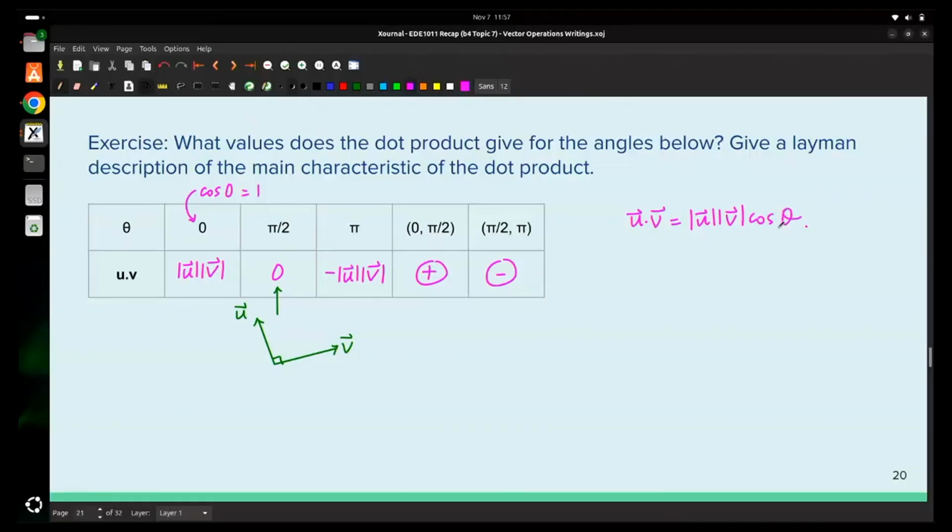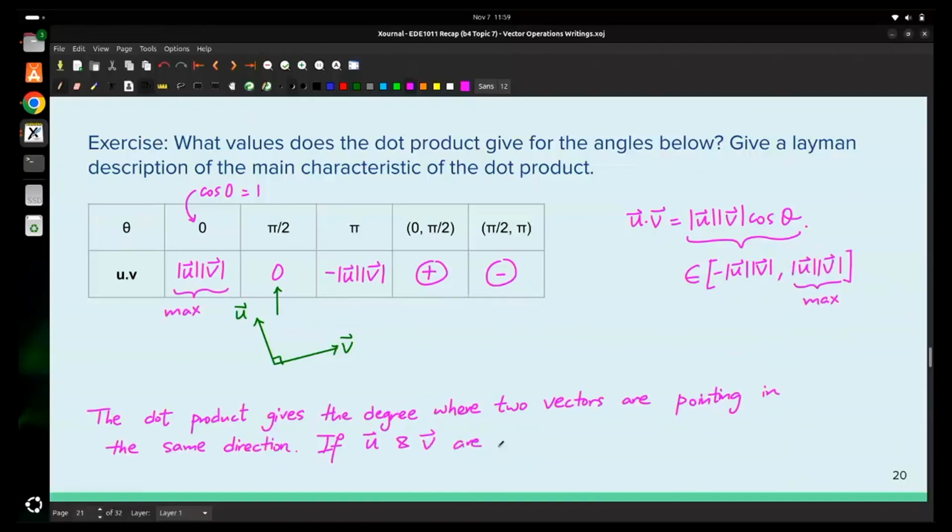So the maximum is the upper bound. The dot product lies within the interval from minus the product of the lengths of u and v to positive. Perpendicular means pointing in totally different directions.